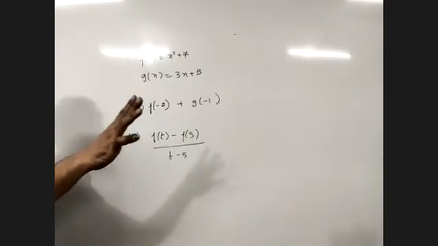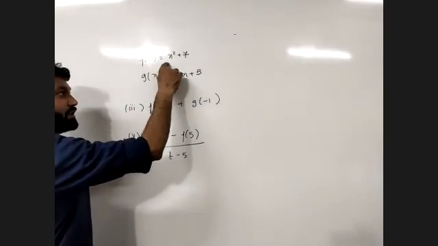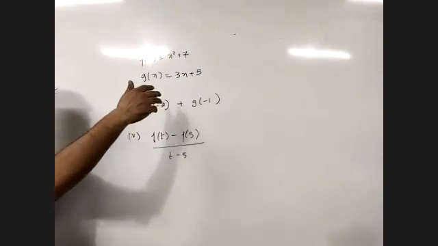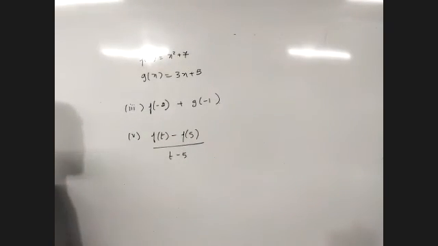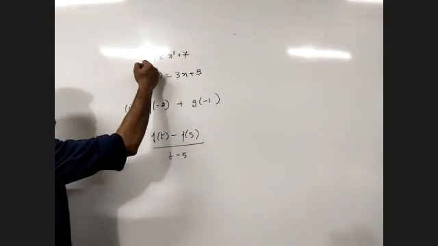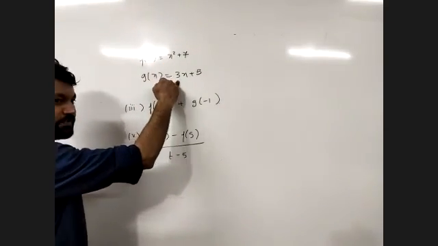I'm not asking you to learn this. What I'm trying to make you understand is that understanding the definition is very important. The definition differs as per the question, but you have to see the relation in it.